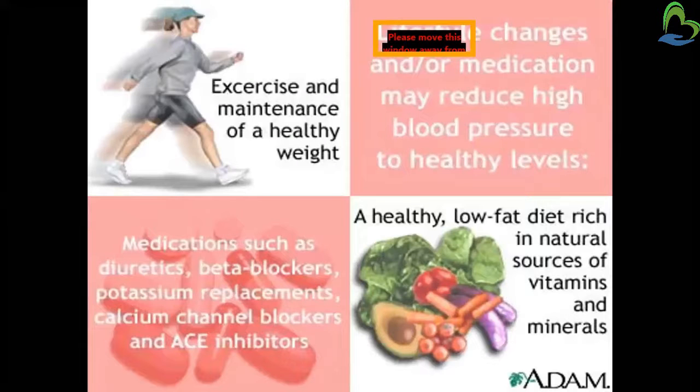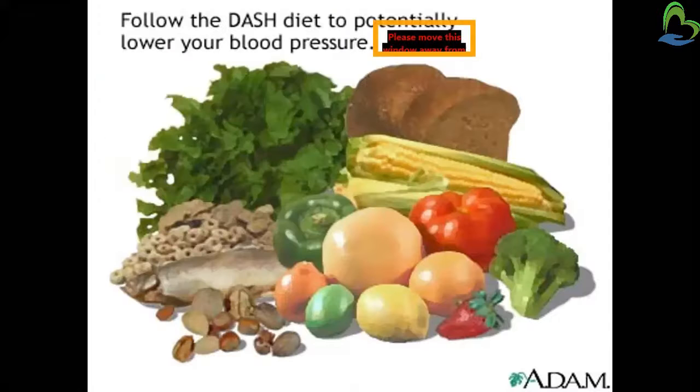Exercise, maintaining a healthy weight, lifestyle modification is required to reduce the blood pressure to healthy levels. Medications, whatever antihypertensive drugs we have seen, have to be taken on time, with dosage and timing managed. A low fat diet, rich in vitamins and minerals.